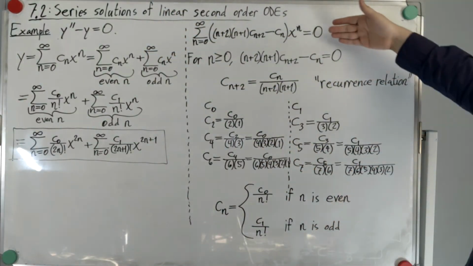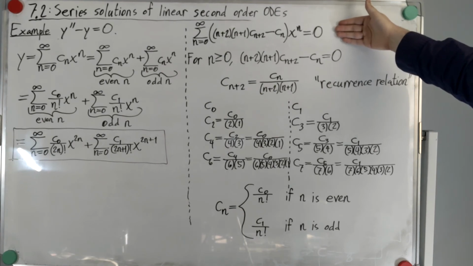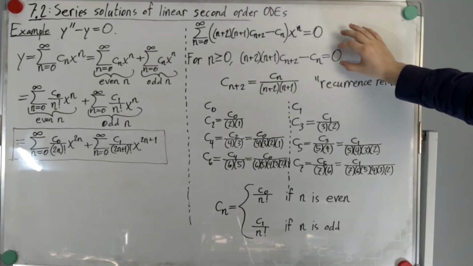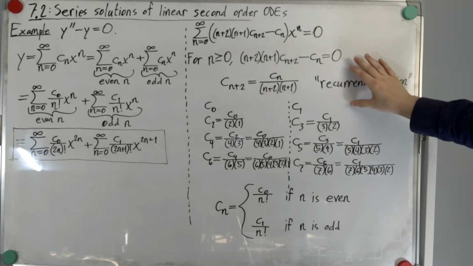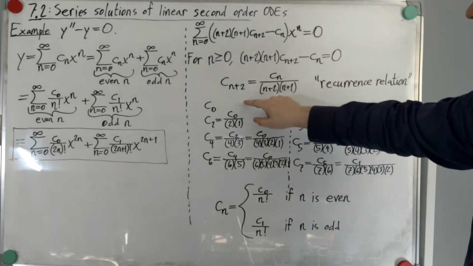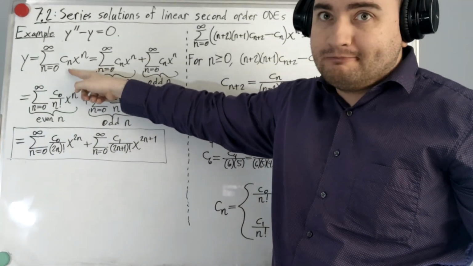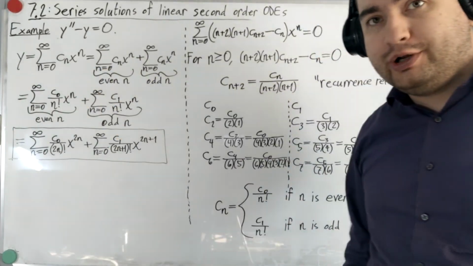From there you're going to get a power series that is equal to 0. That gives you that all the coefficients are 0, which gives you the recurrence relation. And then using that recurrence relation, you can study the sequence of coefficients of y. And that's how we do it.